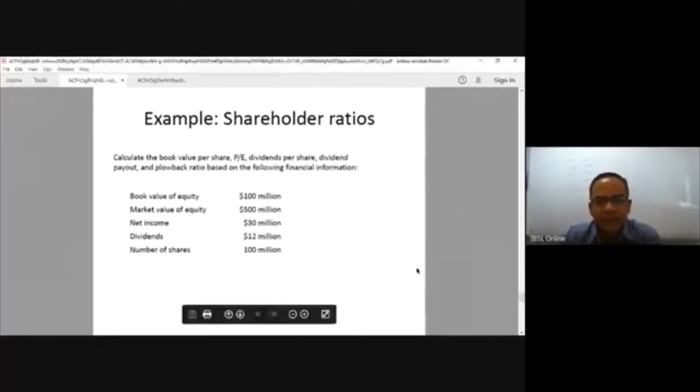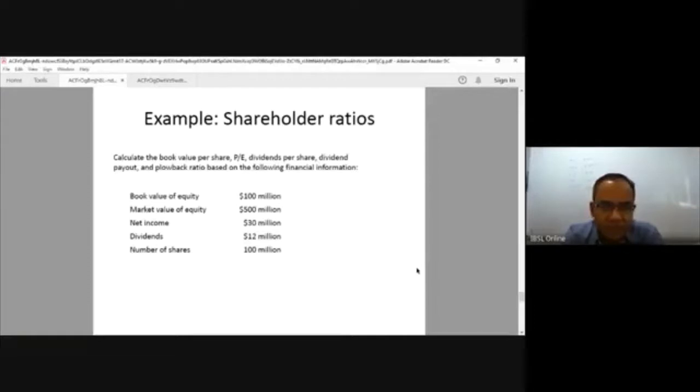Now, can you look at this particular example? We will do past papers on the areas relevant to the exam. One or two past papers we can look at. This particular shareholder-related question, just have a look at it and then tell me the answer. Calculate the book value, P/E ratio, dividend per share, dividend payout, and plowback ratio.